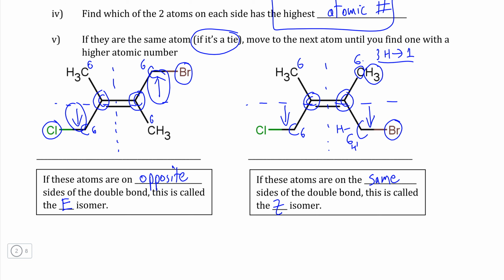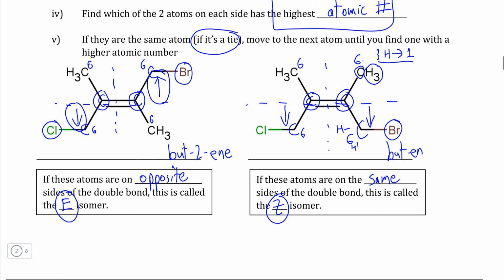Now, if we integrate these into the names, if we want to actually name these compounds, we can take one of these because these are identical otherwise in terms of side chains. The only difference is this designation here. So, in this case, our parent chain is going to be but-2-ene in both cases here, because that's the number of carbons of the parent chain and the position of the double bond. Then we can see here, we're actually going to call carbon number 1 here because bromine comes alphabetically before chlorine does.